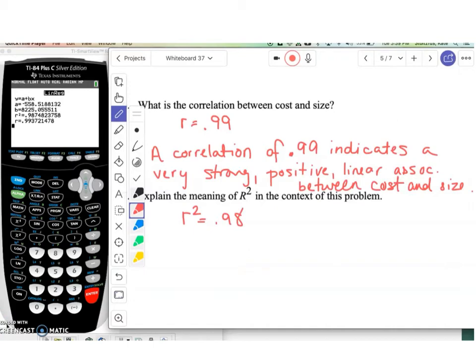Okay, so explain the meaning of r squared. So yes, it's the square of r, but this is telling us how strong our model is.